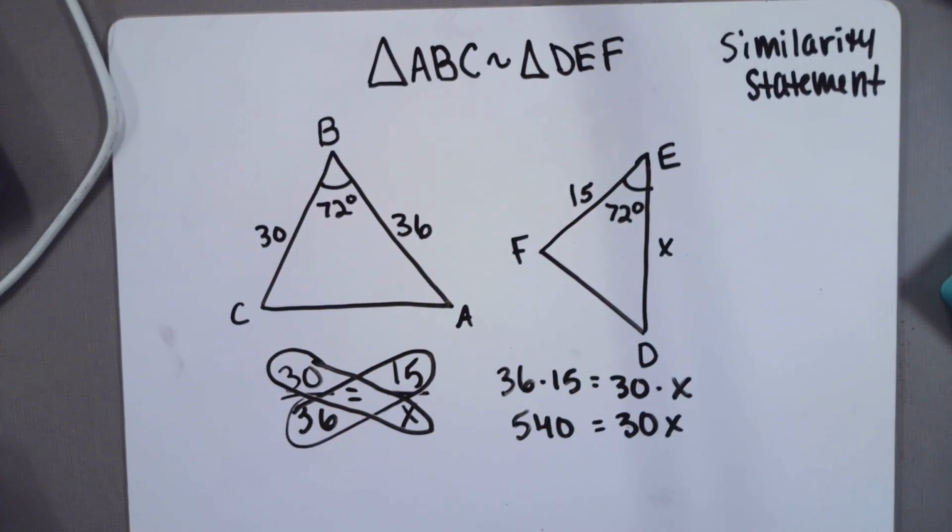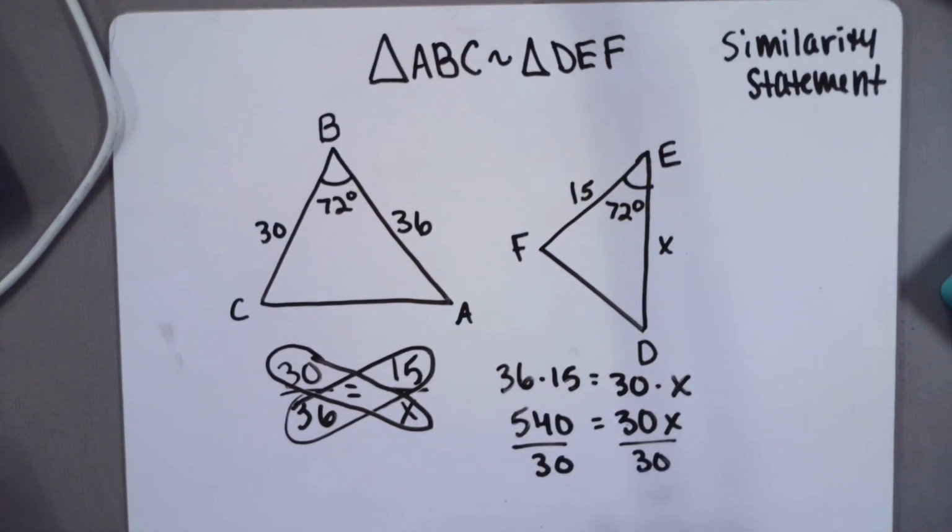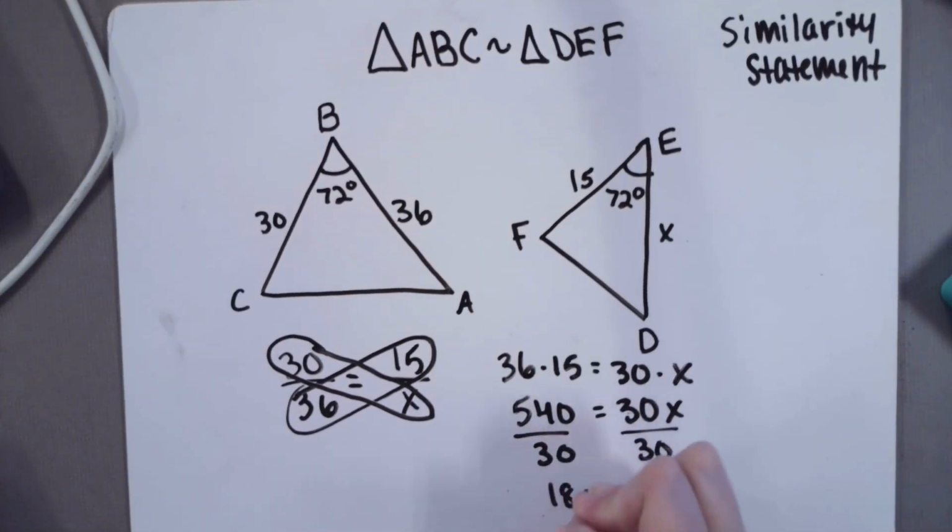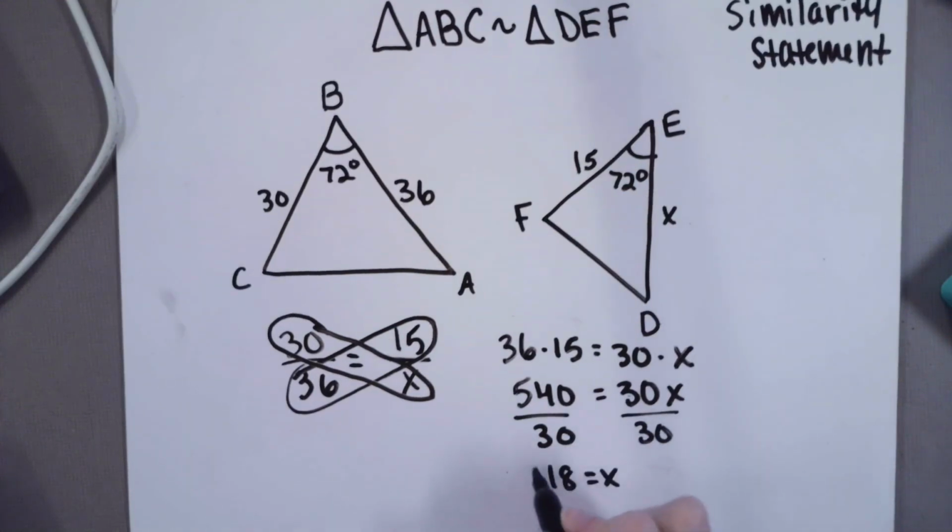And to solve that equation, we're just going to divide both sides by 30. And we'll wind up with 18 equals x. So in using the properties of similar triangles to set up a proportion, I'm able to solve for the missing side length of that.